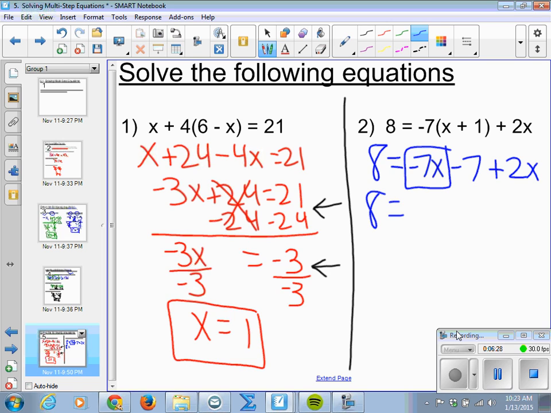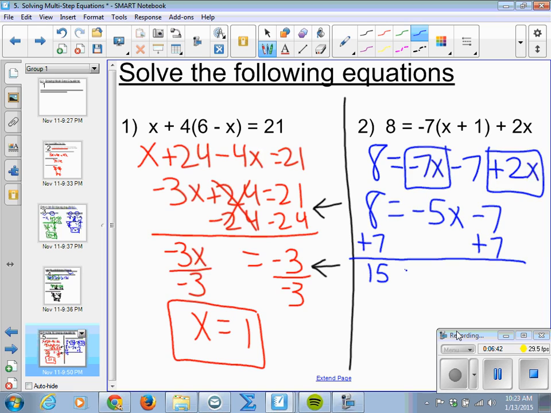Combine those to give us negative 5x. Minus 7. Now it's a two-step equation, so we're going to add 7 to both sides. This is 15, this is negative 5x, and this goes away. Divide both sides by negative 5. Negative 3 equals x.